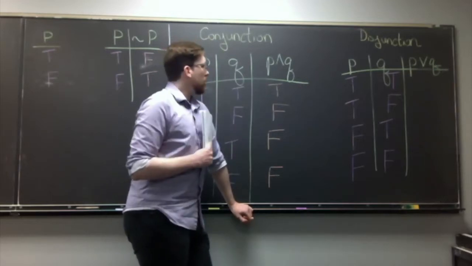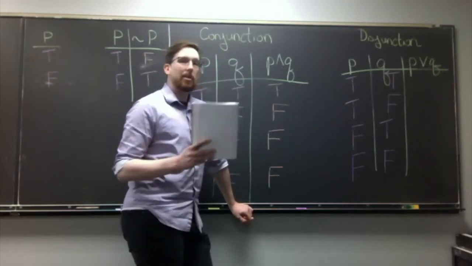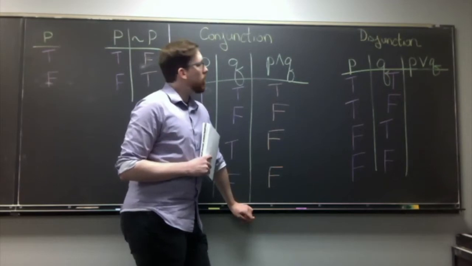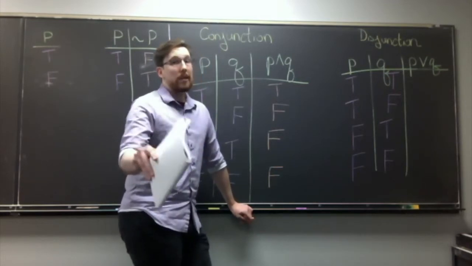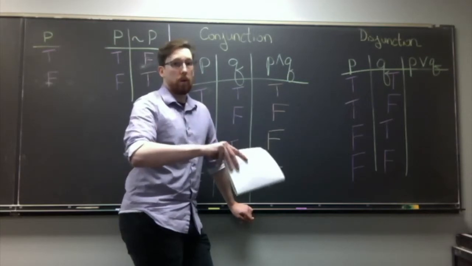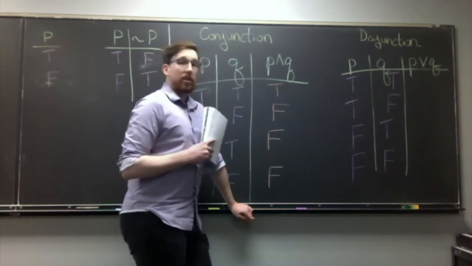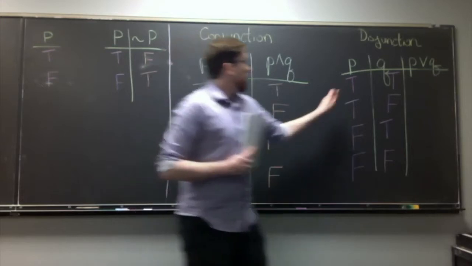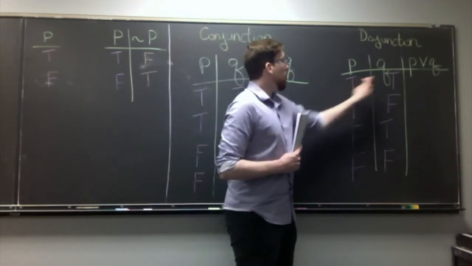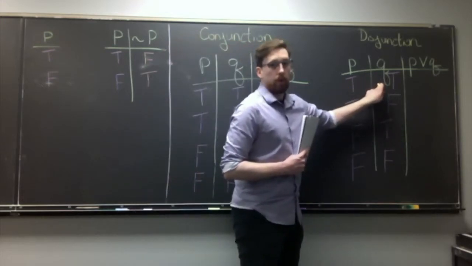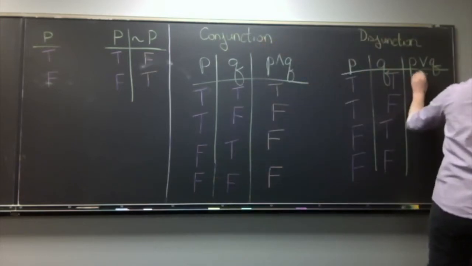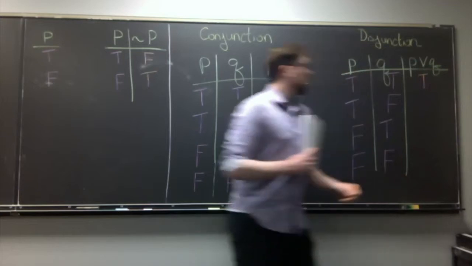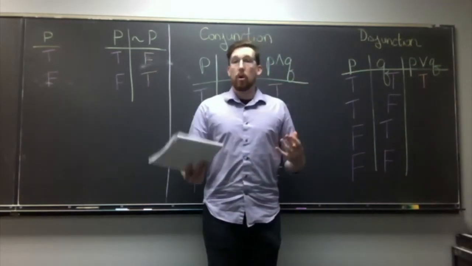Now for the disjunction, it's a little different. The disjunction is looking at the statement P or Q. And remember, this is the inclusive or. So what we're saying is, if P is true or Q is true, then P or Q would be true. Because one of the two is true in this case.